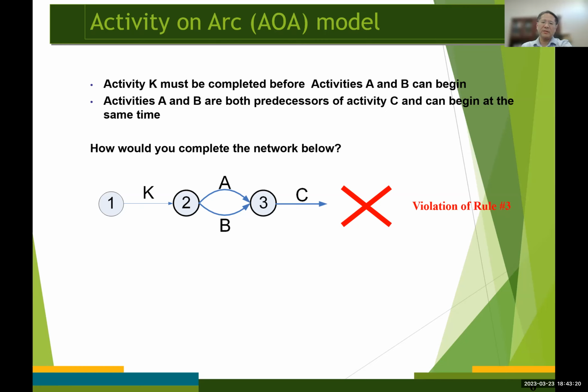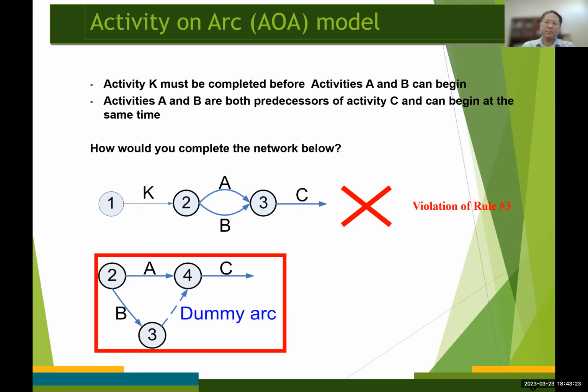And by using the dummy activity, indicated by a dashed line here, a dashed arc, right? We may represent the fact that activities A and B are both predecessors of activity C, and it also ensures that activity C cannot begin until both activities A and B are completed.